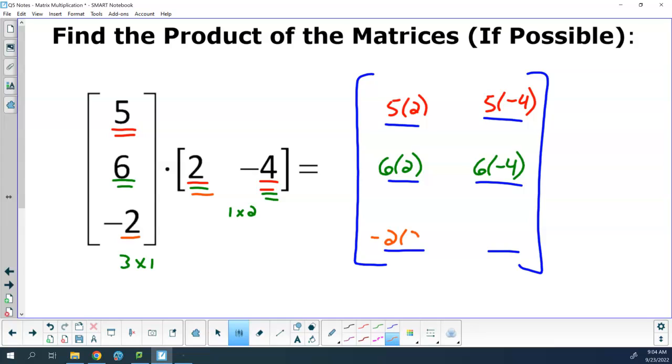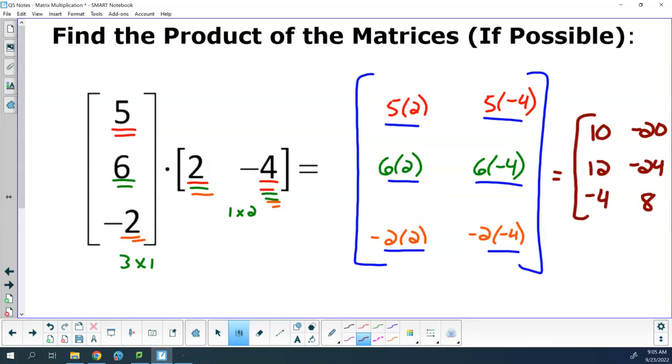Negative 2 times 2. Row 3, column 2. Negative 2 times negative 4. That's going to give me 10, negative 20, 12, negative 24, negative 4, 8. Agree? That's all she wrote for that one. Any questions on that one?